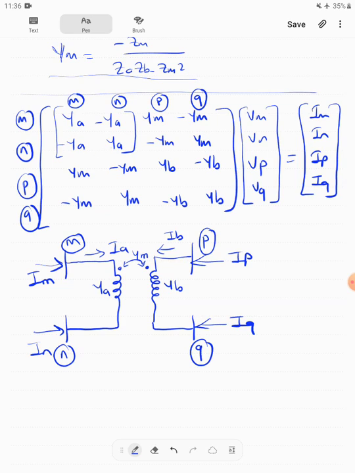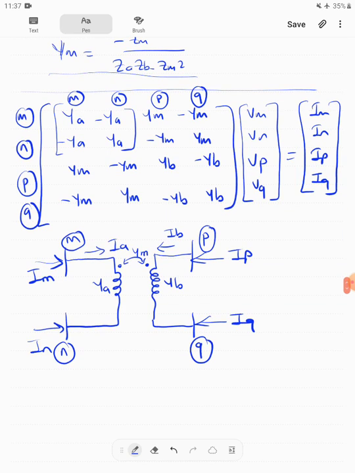We have YA and minus YA. And if you look at the related row and the columns, you see YA and minus YA is only available between bus M and bus N. If we return to the figure, yes, that's actually true, because admittance YA is only between bus M and bus N.